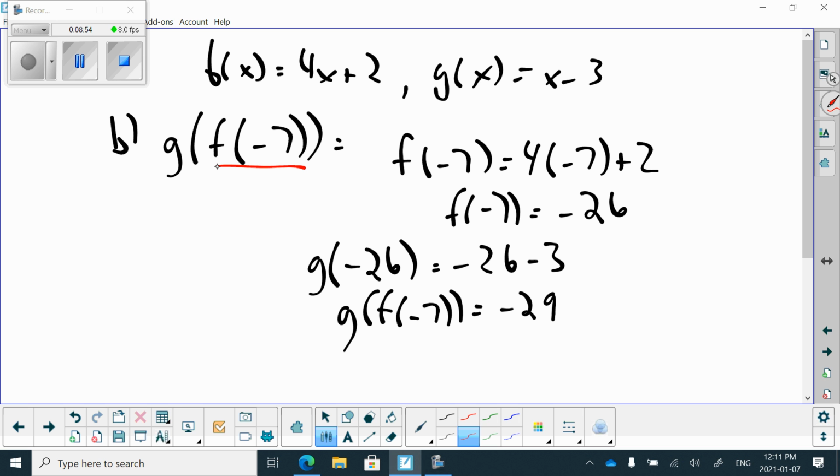And that answer goes in for the g, because once we figure that out, then we have that f of negative 7 is negative 26. And then we put that into there and kind of get going. So like we use the answer that we got from the f of x to put in for g of x? Yes. So it's got these going and going and going. Did that help a little bit?